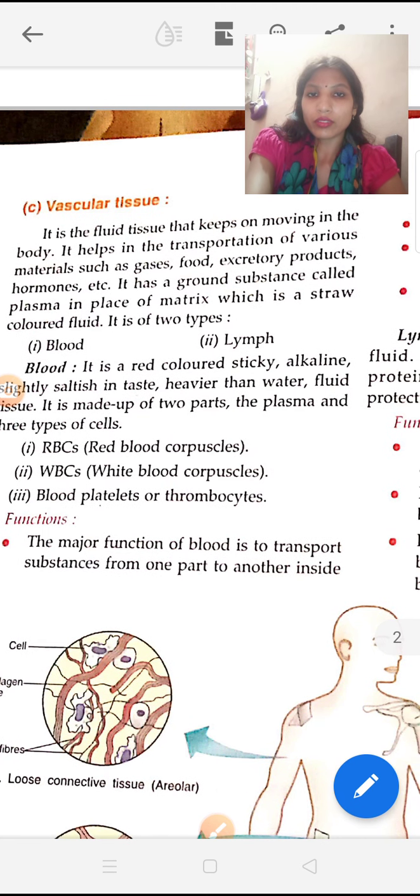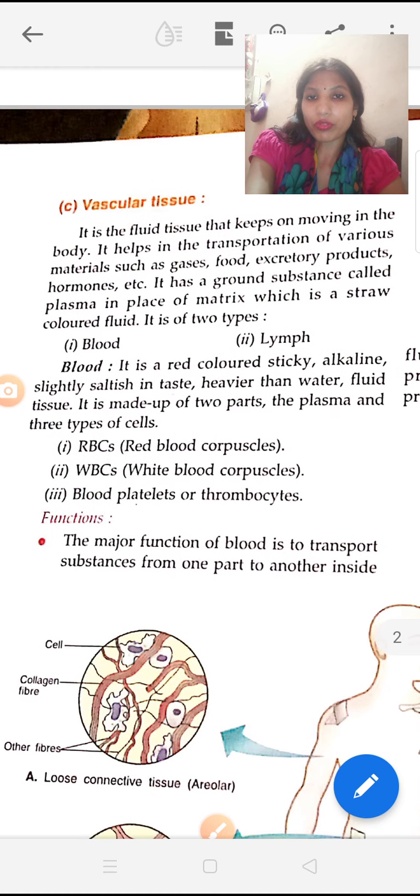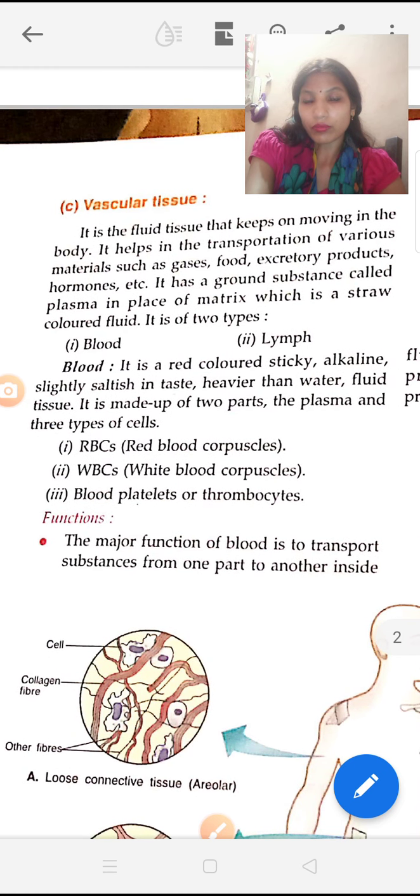Then the vascular tissue. So here the paragraph is there. It is the fluid tissue that keeps on moving in the body. Keeps on moving means it is always moving. It always helps in the transportation of various materials such as gases, food, excretory products, hormones, etc. It has ground substance called the plasma in place of matrix, which is a straw colored fluid.